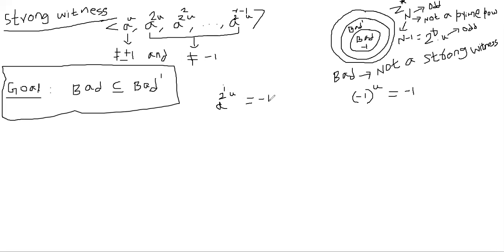Find the largest i such that this constraint is true. Will such an i exist? Obviously, it will exist, because if you put i equal to 0, for example, and a to be minus 1, we have shown that minus 1 power u is equal to minus 1. Therefore, such an i must exist.